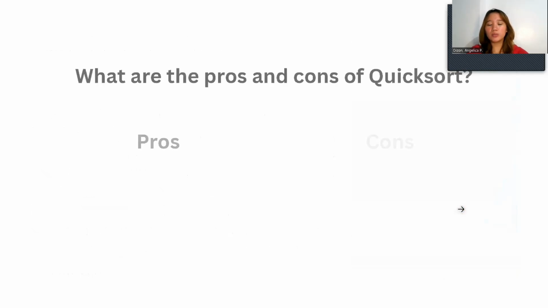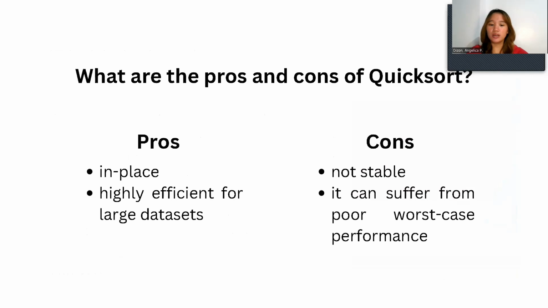Now, what are the pros and cons of Quicksort? On the pro side, Quicksort is in place, meaning it doesn't require additional memory for the elements being sorted, just enough to track recursion and pointers. It's also highly efficient for large datasets with good average performance. However, there are some cons. Quicksort is not stable, meaning it doesn't maintain the relative order of equal elements.